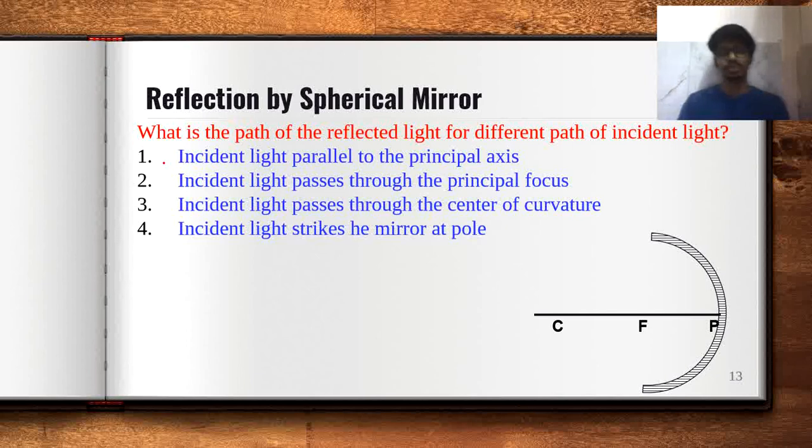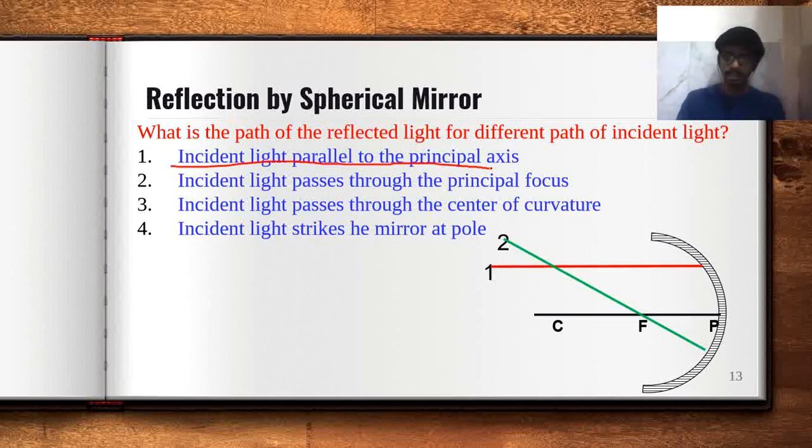Out of these four cases, what will be the corresponding reflected ray? The first one is if the incident ray is parallel to the principal axis. These things we have already discussed. Second, if the incident ray is passing through the focus, what will be the reflected ray?